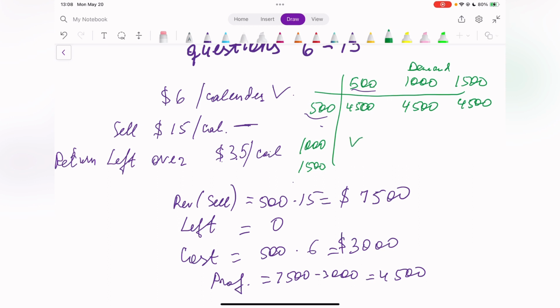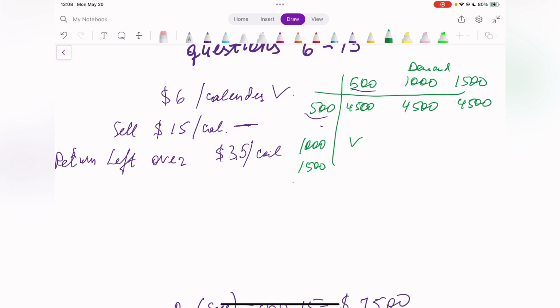Moving to demand 500, supply 1,000. Let's see how much we're going to be in loss or whether we still make a profit. Demand is 500, so we sell only 500 and the other 500 are left over. So revenue from sale is 500 from this 1,000 times 15, which is 7,500.